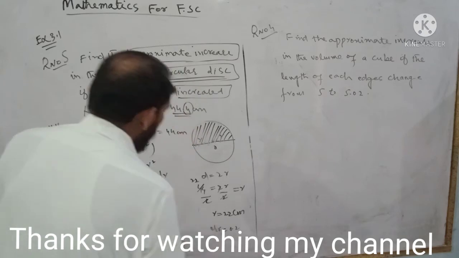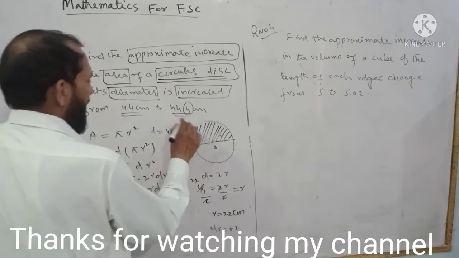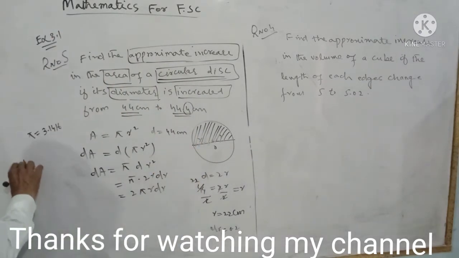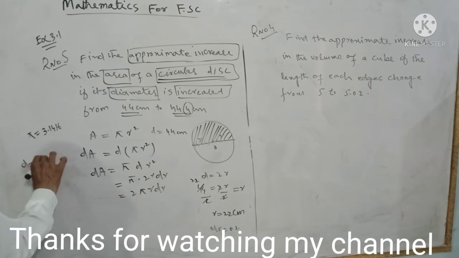0.2. So the change d is 44, and the change is 0.4. Take it as 0.4.